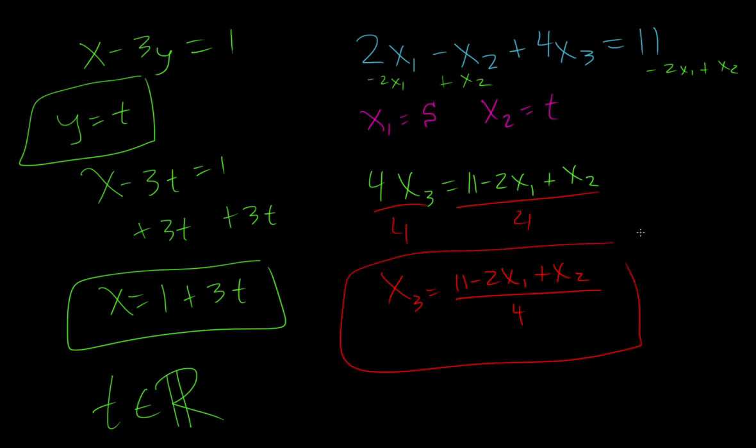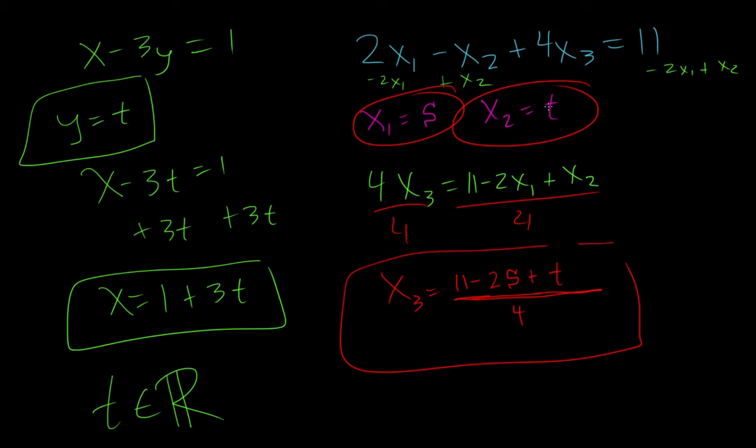Whoops, I should have plugged in the values for x1 and x2. So it's 11 minus 2s plus t. And that's our solution set.